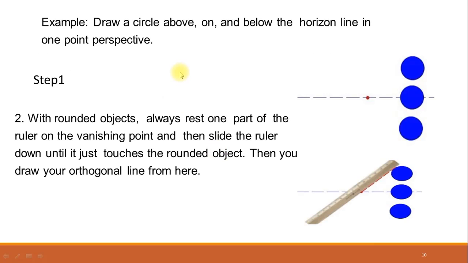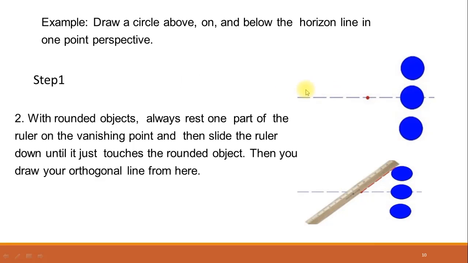Now here is another example: to draw a circle above, on and below the horizontal line in 1 point perspective. You can do the same as we discussed in the previous slides.